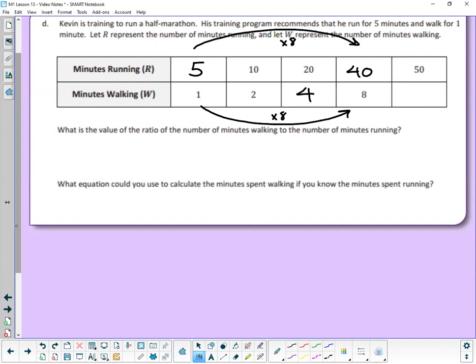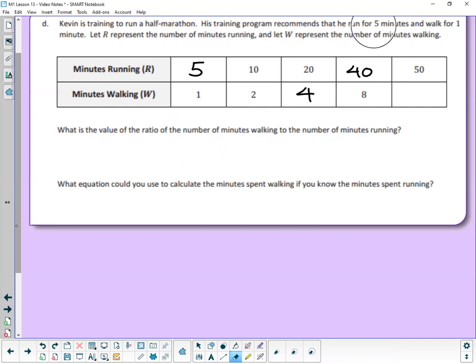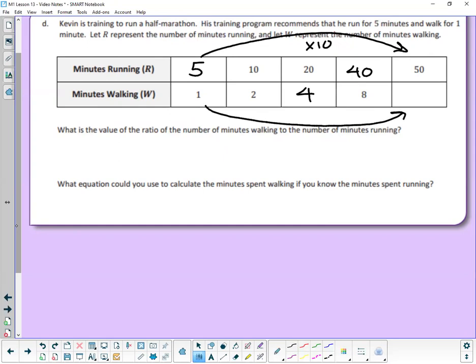And I would do the same thing for the last column, except now, look what they're doing. Now they're giving me the 5. Well, here, I would multiply by 10. So I've got to multiply that by 10, and I get 10. All right, so I've completed my table.